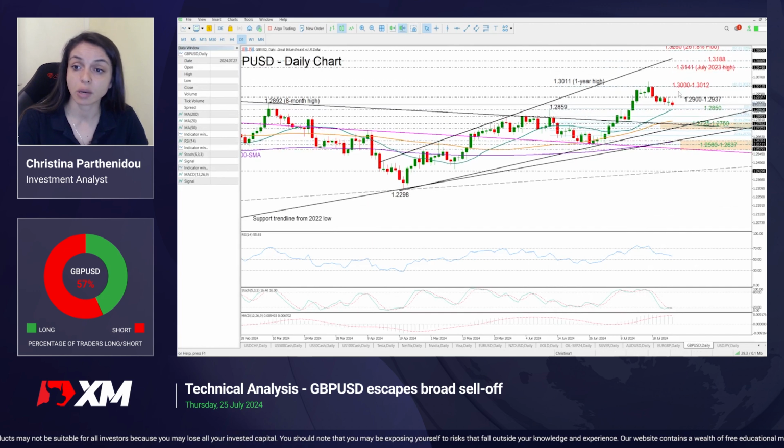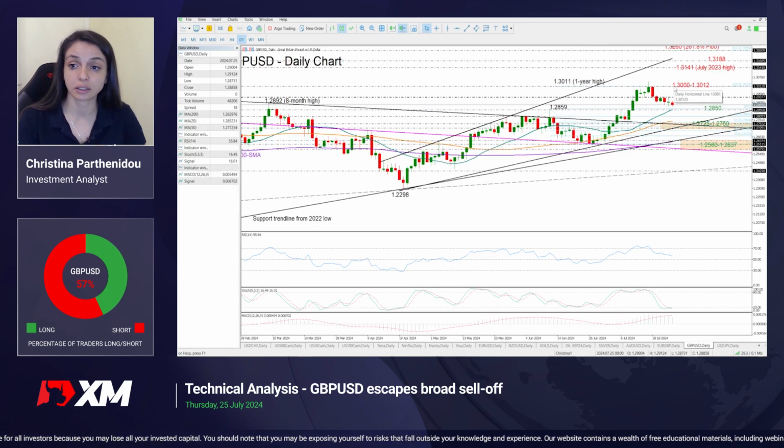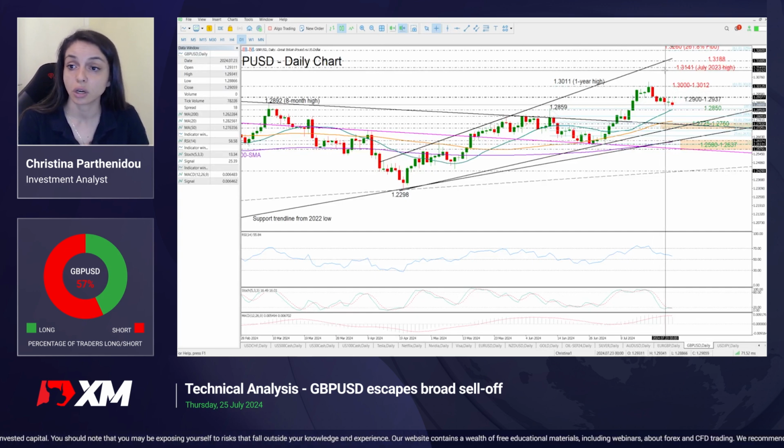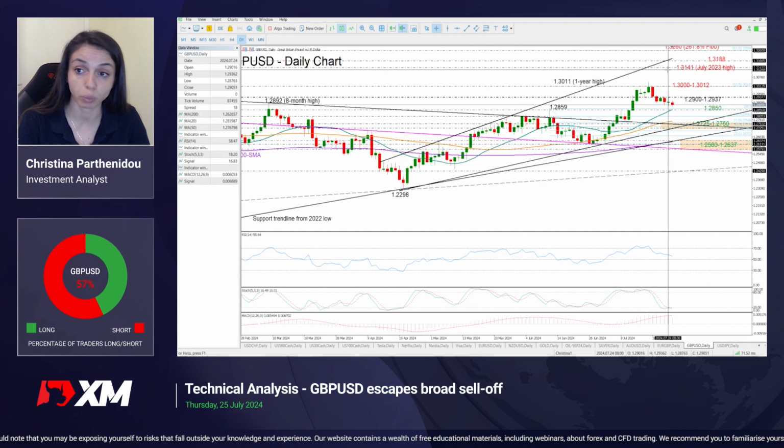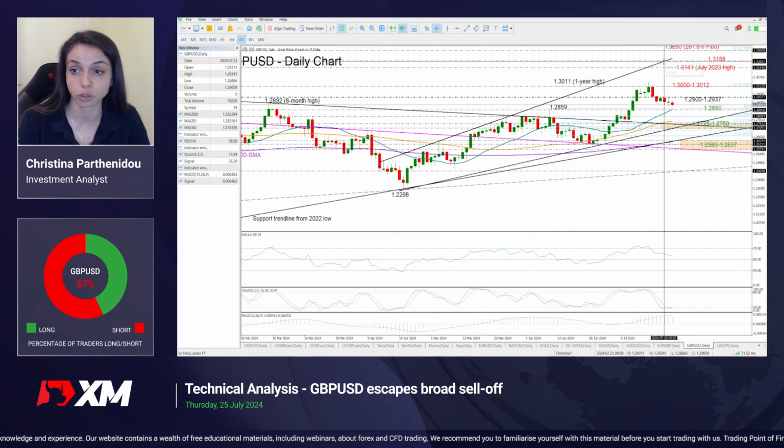So a close above it could attract fresh buying, probably towards the July 2023 high of 1.3141, while not far above that, this resistance trend line coming from April 2024 could be another key territory to watch near 1.3188 at the moment.